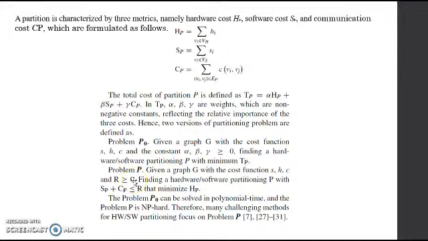Problem P is: given a graph G with the cost function SHC and R greater than 0, find a hardware software partitioning P with SP plus CP less than R that minimizes HP. So the software cost plus the communication cost should be less than R, and it should minimize the hardware cost.